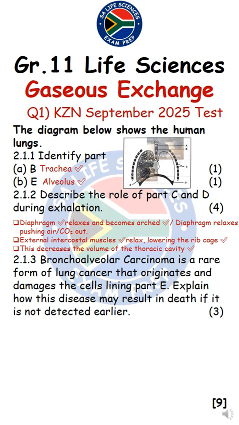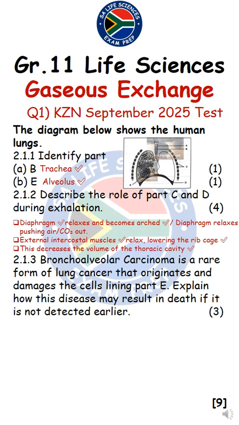Your second mark is then for saying what the result of that is. So this decreases the volume of the thoracic cavity. Remember that when the volume in the thoracic cavity decreases, the air pressure then increases. This forces air out through your mouth or through your nose. So this is a good 4-mark question.